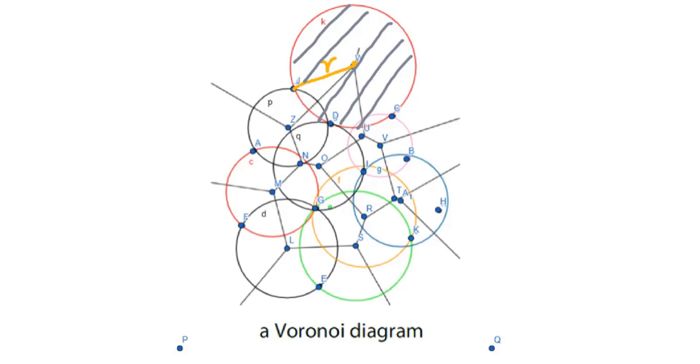That's why we call this the largest empty circle problem. Therefore, this vertex W will be the best position for a new site. In other words, if you want to build a new site, you need to build on the vertex W.